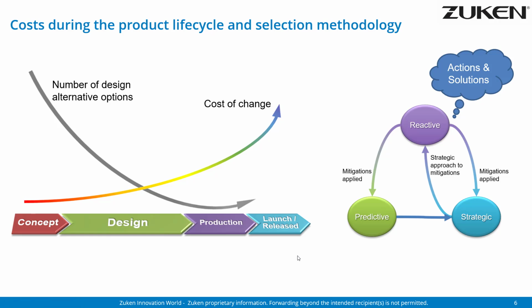Considering part selection methodologies, we can consider three points. Firstly, strategic. A strategic approach to selection may consider the product life cycle. We may consider acquiring the components in volume in advance.